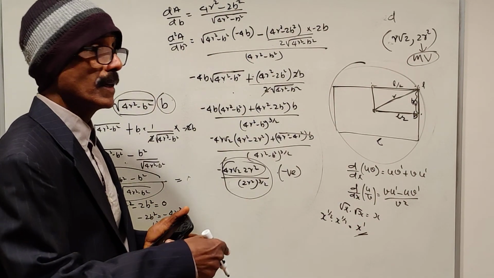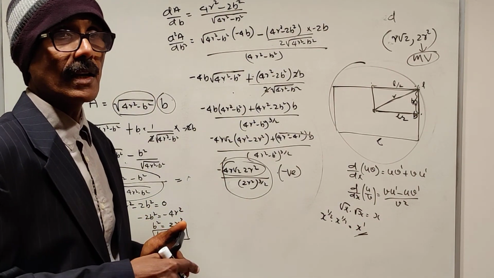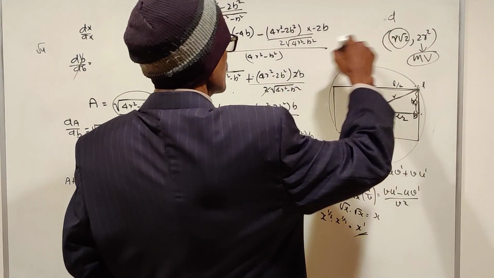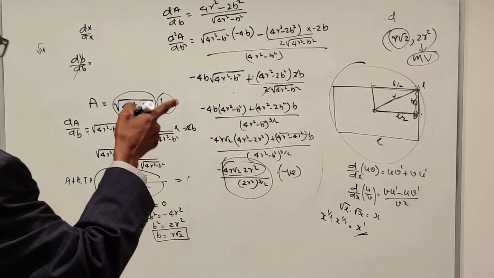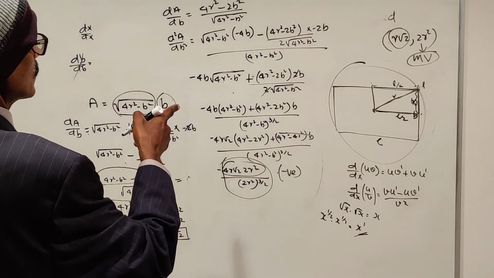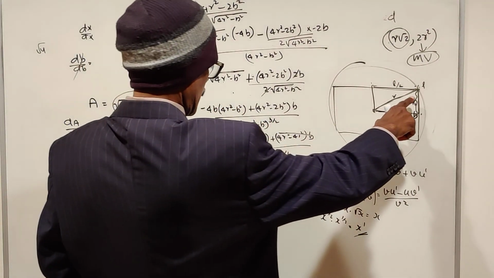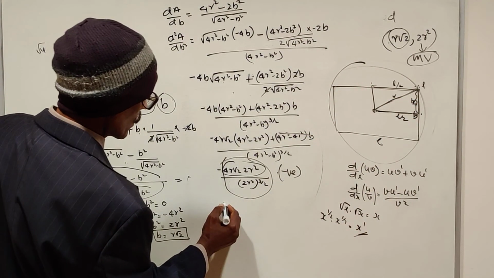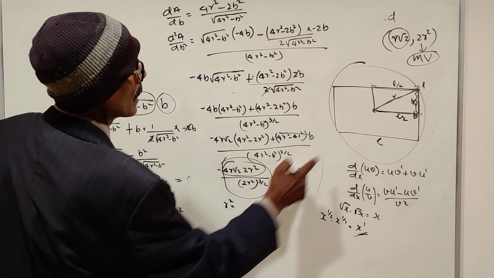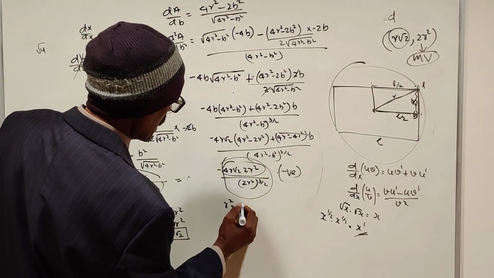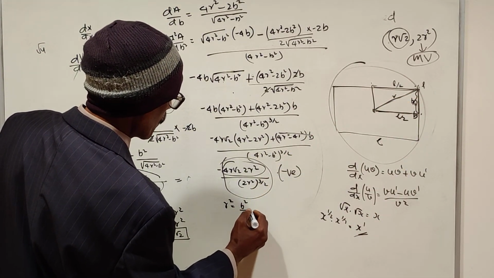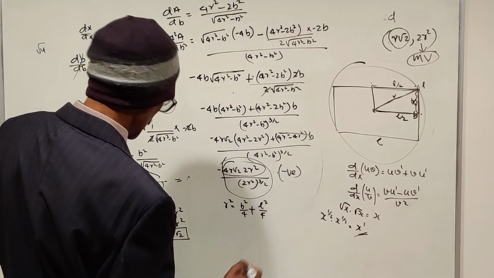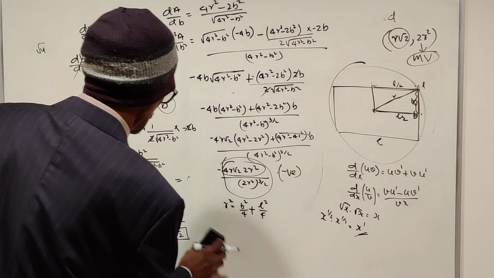We need to show that that area is the area of a square. But this is B. You need to find the length. How can you find the length? There is a relation: R square is equal to B square by 4 plus L square by 4.